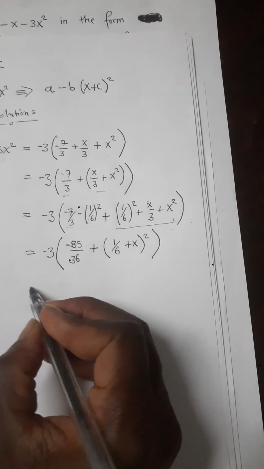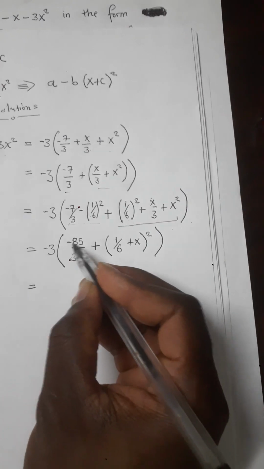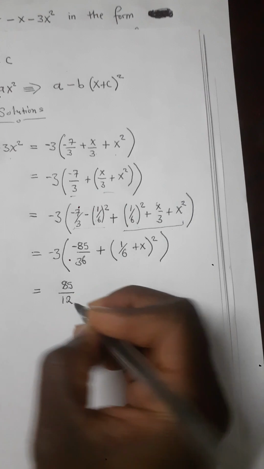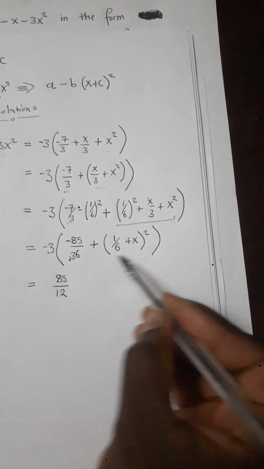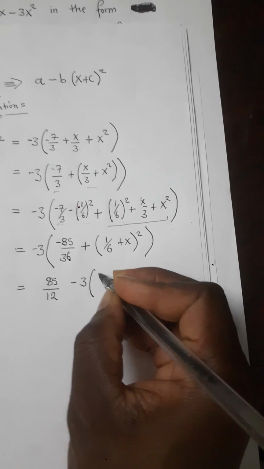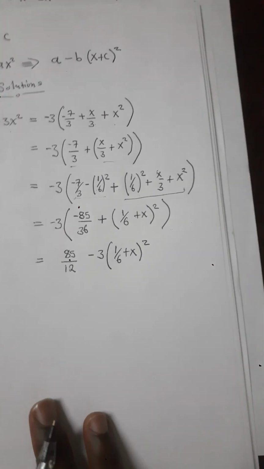So this is equal to negative 3 times this, which will give me positive 85 over 12. Then this times everything there, I'll get minus 3 open bracket 1 over 6 plus x close bracket squared.